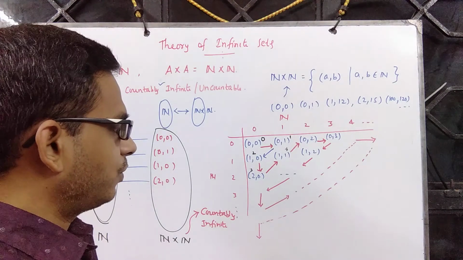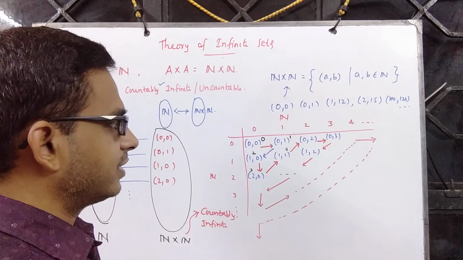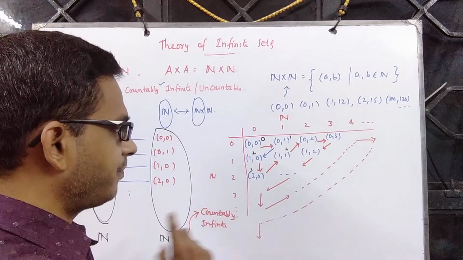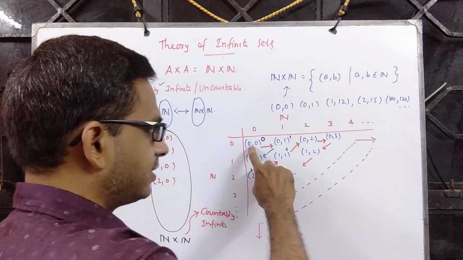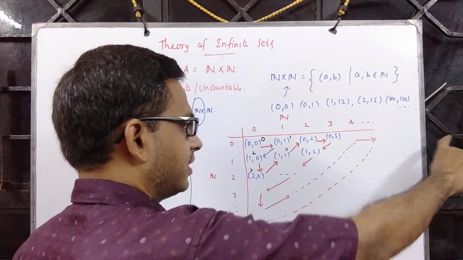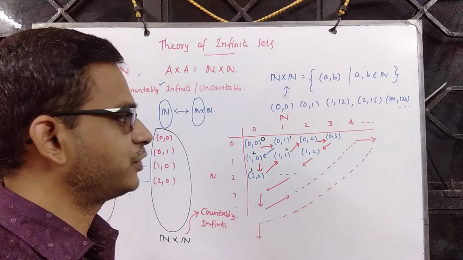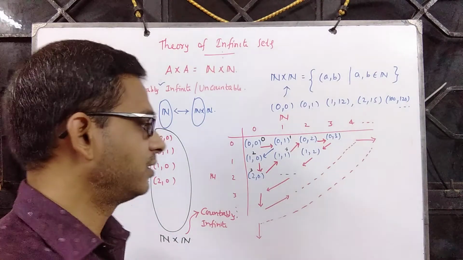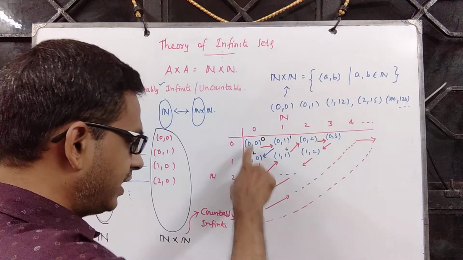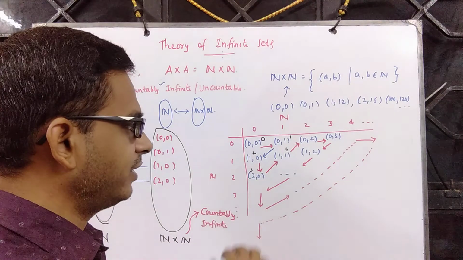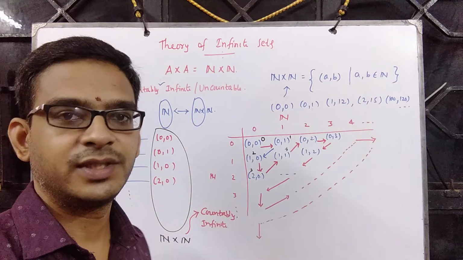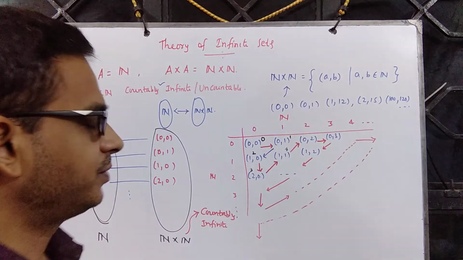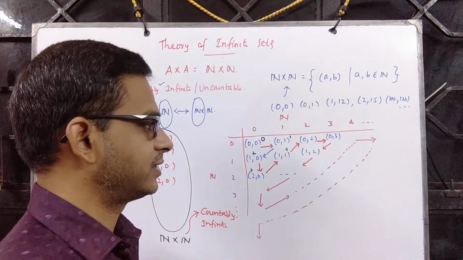Now it is important that when you list, you follow this order. One should not list all this, then come back to this. That we should not do, because there is no end to this. It's infinite in nature. And similarly, one should not list all elements in column 1, then you go to column 2. It's not possible, because you don't know where column 1 ends. Similarly, you don't know where row 1 ends.